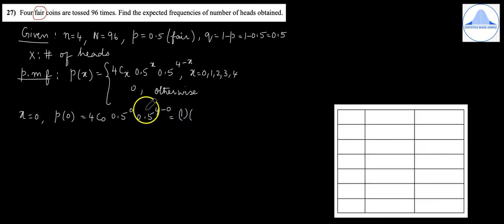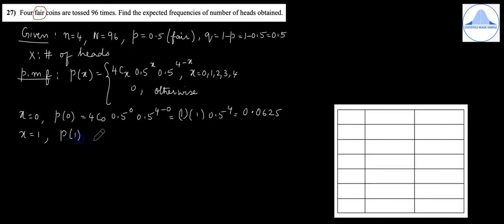Any number to the power 0 is also 1. And then you will get 0.5 to the power 4. So 0.5 to the power 4 will be 0.0625. So 0.0625 into 1 will be 0.0625.